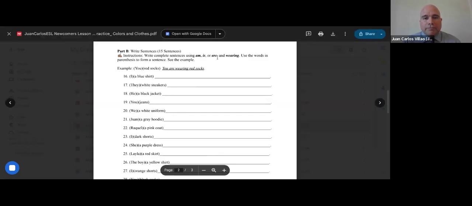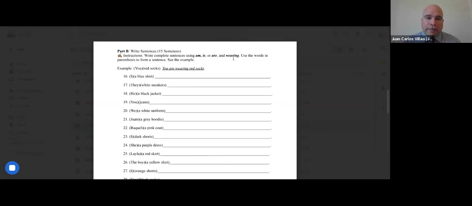You'll be using the be verb are, and then the progressive verb wearing in the same sentence. So you form a sentence using the subject that's in the first parentheses, and then the predicate, which is in the second parentheses, and in between, you'll be putting a be verb and the progressive verb wearing, so that together they form one complete sentence. You are wearing red socks.